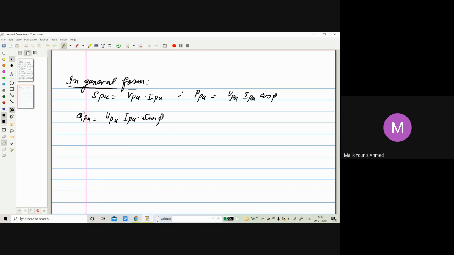And you can also draw the power triangle. It's very simple to draw.